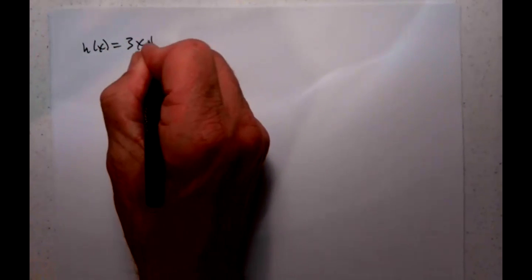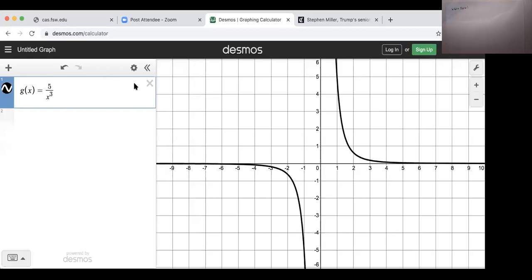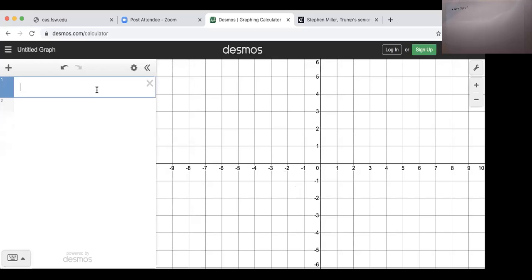Our next question is h of x is 3x plus 1. Look at the graph first this time. And ask ourselves, is it symmetric with respect to the y-axis? Is it symmetric with respect to the origin?